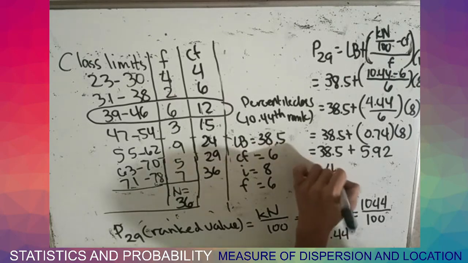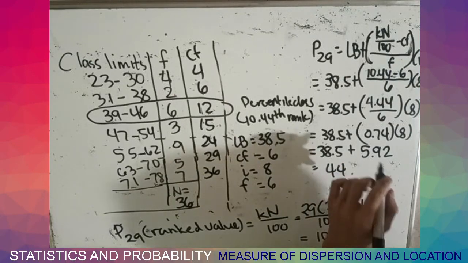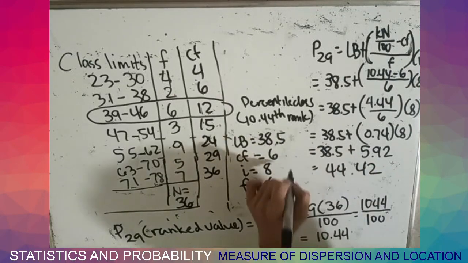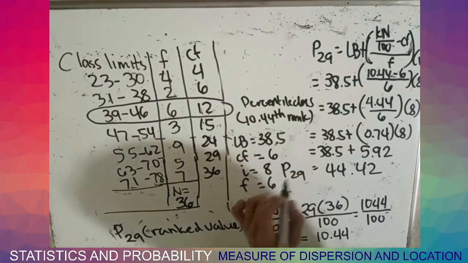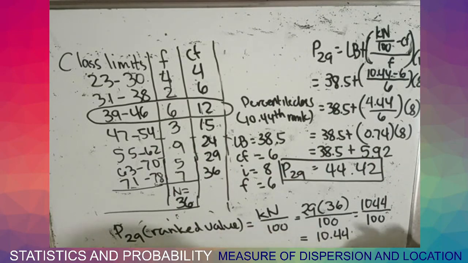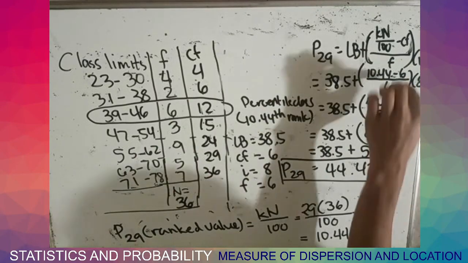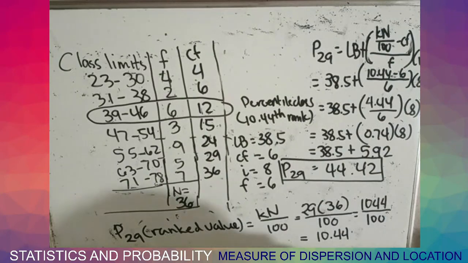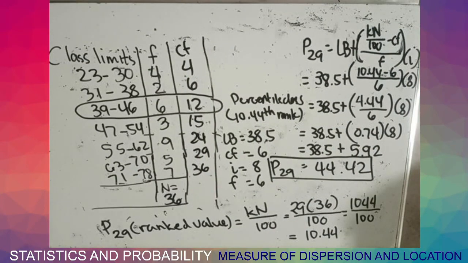So it is 44.42. Ito yung P29. Yun yung buong discussion natin about sa quartile, decile, and percentile.